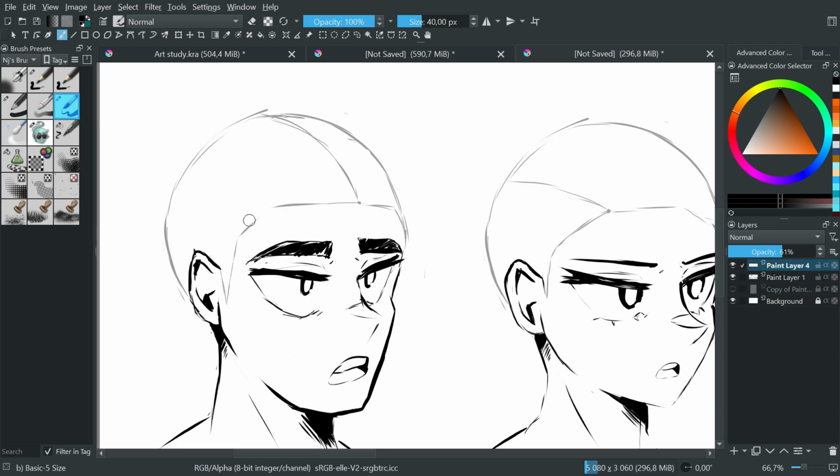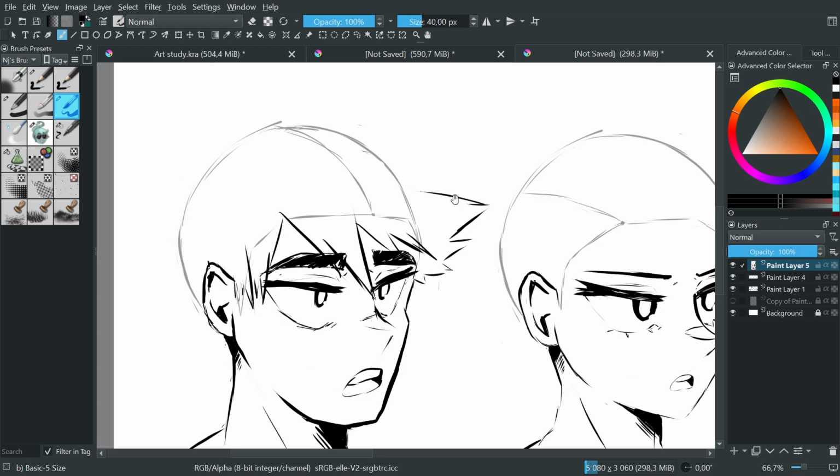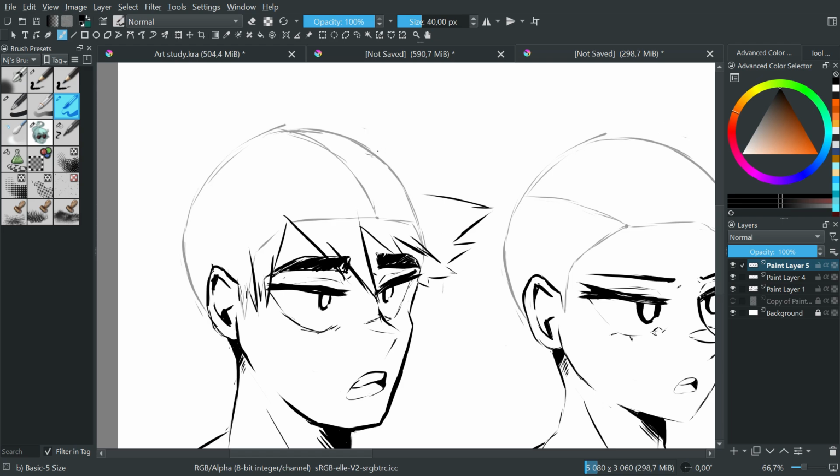So if I had to draw Bakugo's hair, for example, I would find a reference on Pinterest and then figure out how the hair would work in this case. His hair is really spiky, so I'm going to draw as many spikes as I can, but also make sure to keep in count that I have to measure the volume.